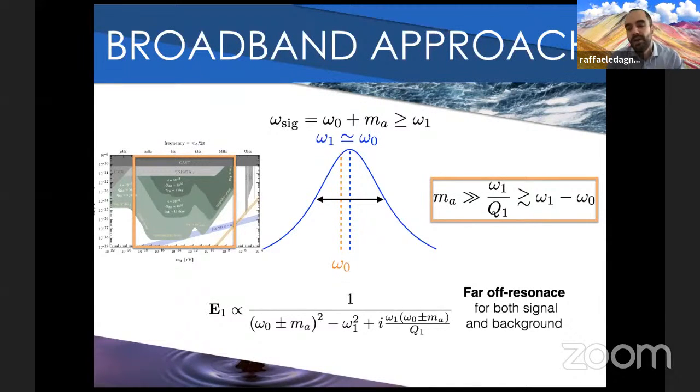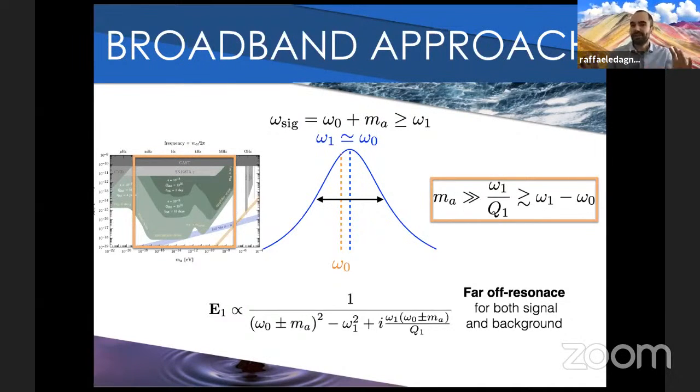But the only slightly subtle point here is that we're still keeping the two frequencies fixed. So the signal mode, let's call it, and the pump mode are still essentially degenerate in frequency. But now we are reading out also other frequencies.